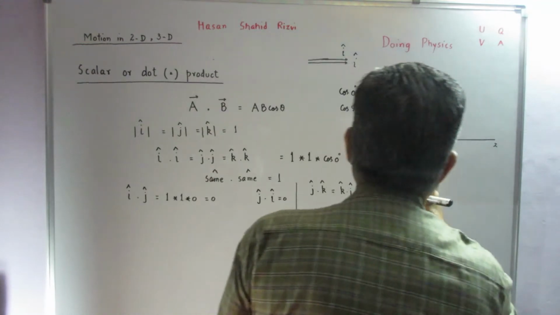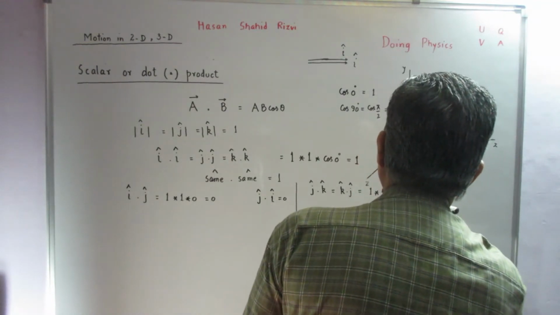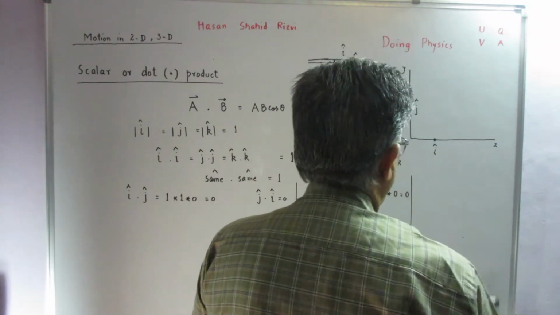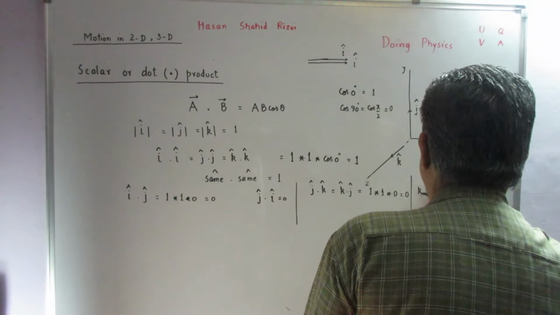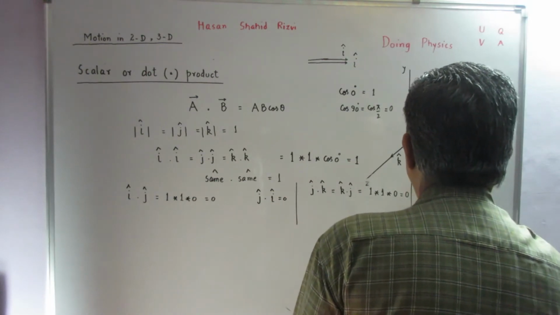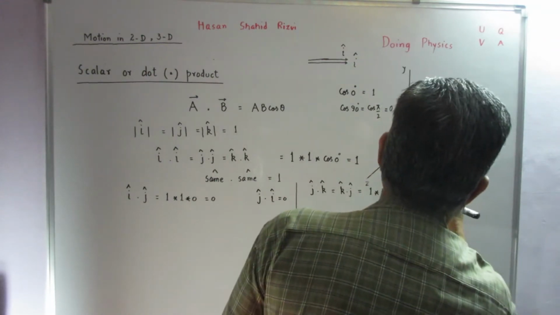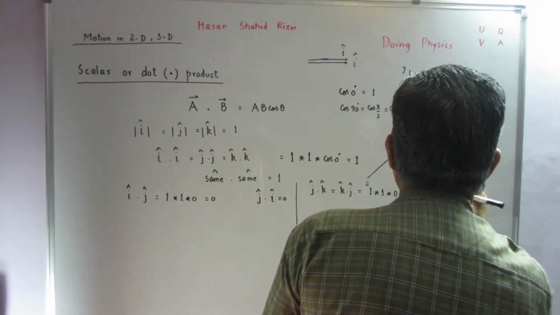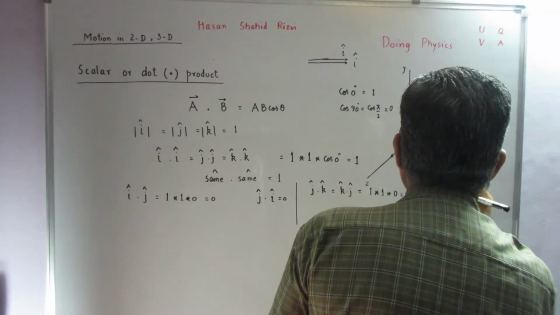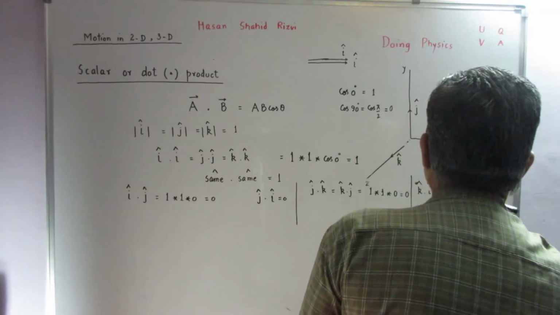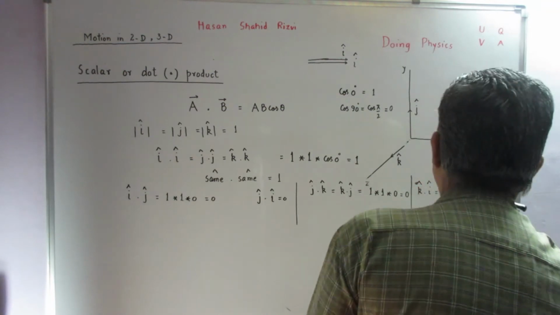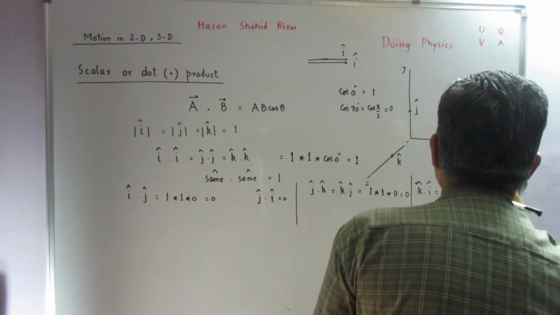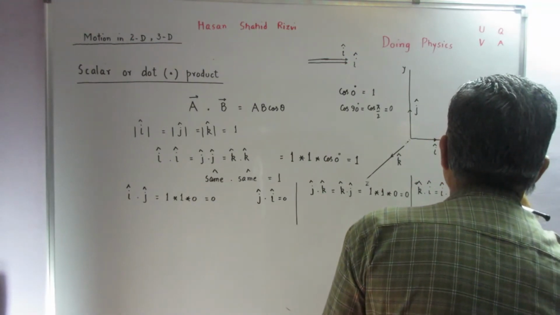So this will turn out to be equal to 0. And similarly, k cap dot i cap, which is equal to i cap dot k cap, is again the same way 1 into 1 into 0, which turns out to be equal to 0.